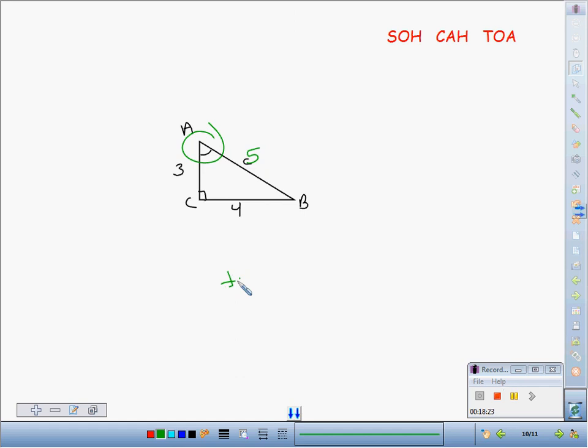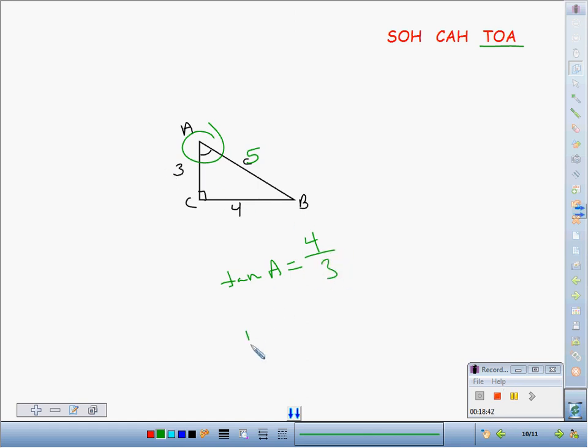If you use the tangent of A, what should the tangent of A equal? 4 over 5, 5 over 4, 3 over 4, 4 over 3, 3 over 5, or 5 over 3. Well, tangent is opposite over adjacent. So opposite the A is 4, adjacent is the 3.